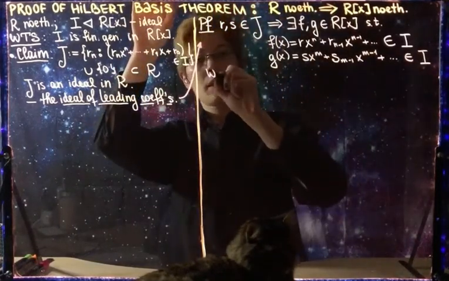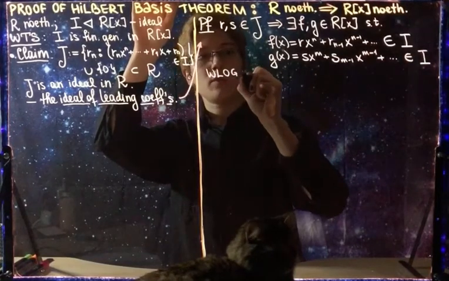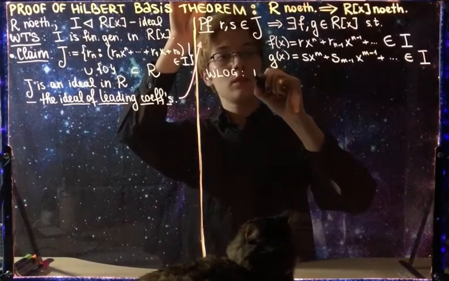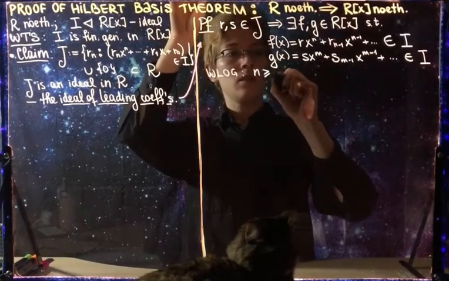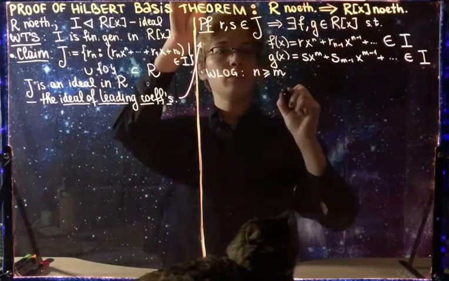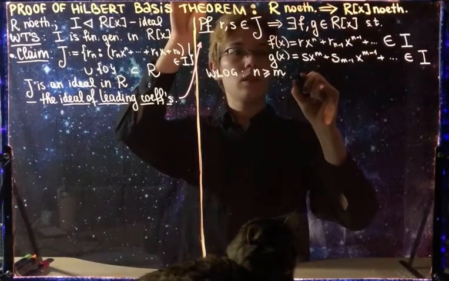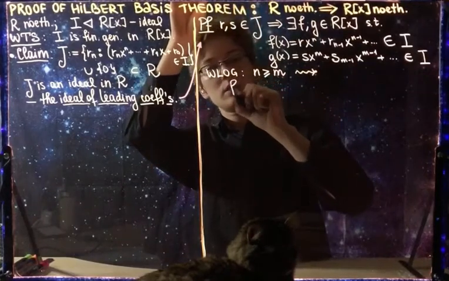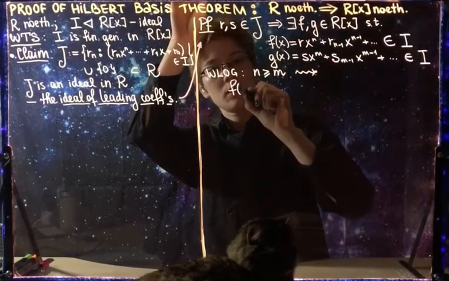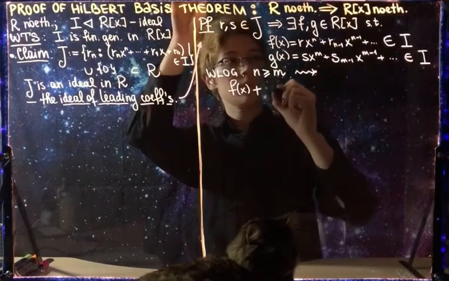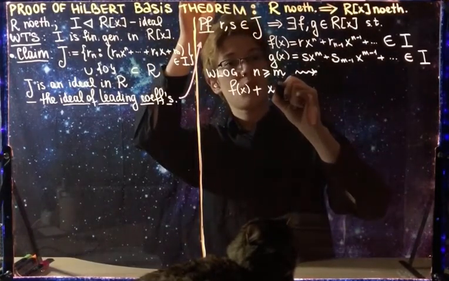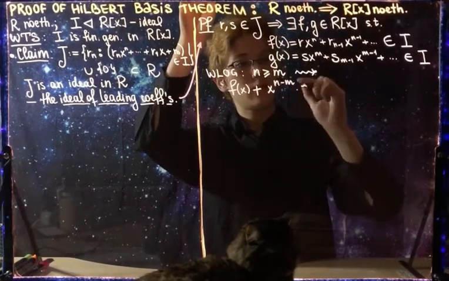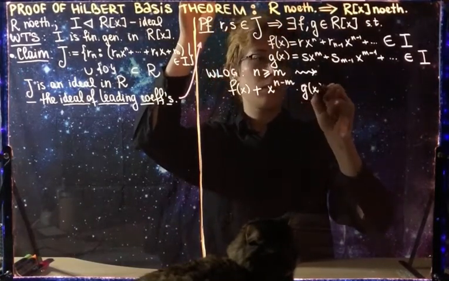And then, without loss of generality, assume that n is not smaller than m. And in this case, I can consider the sum f of x plus x to the power n minus m times g of x.